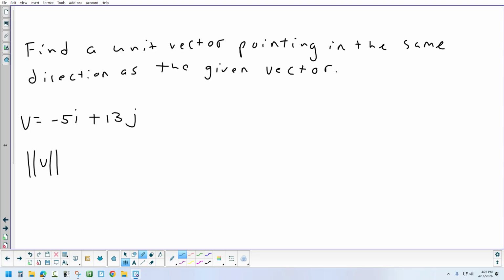Alexis, can you tell me how I'd find the magnitude of V for this one? Look back at the last problem we just did with magnitude and do the same thing we did there. So square root of -5 to the power of 2 plus 13 to the power of 2.